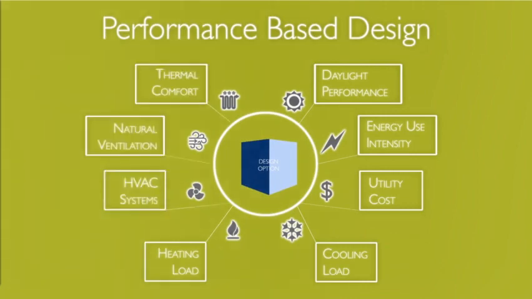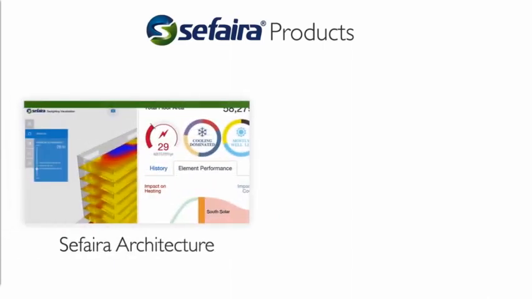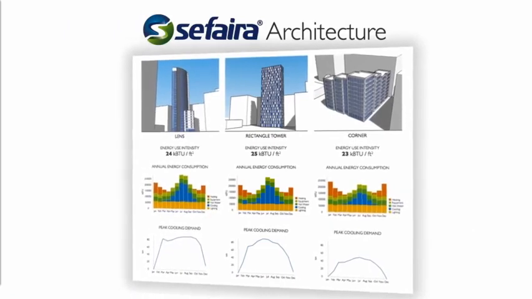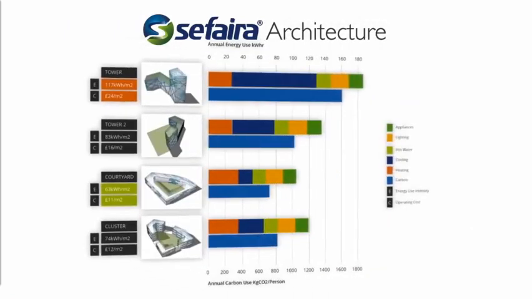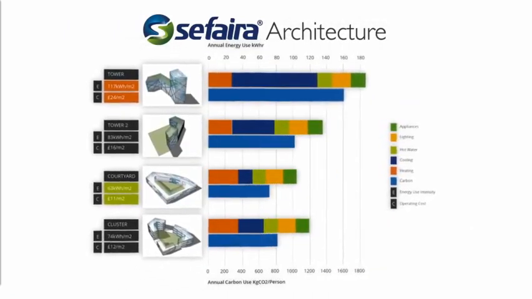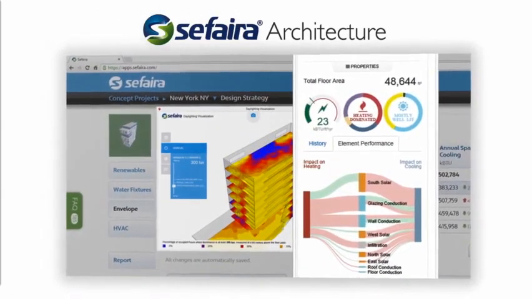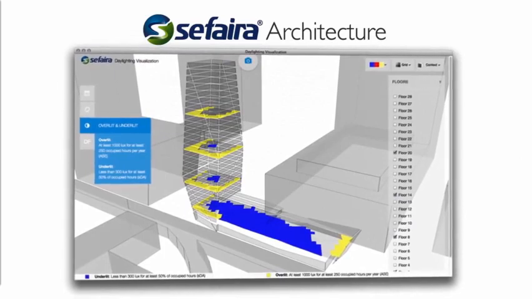Sefaira has two products, Sefaira Architecture and Sefaira Systems. In Sefaira Architecture, you can study design decisions like building form, glazing amount, floor plate shape, shading design, and insulation levels. You can design facades that balance energy and daylighting.